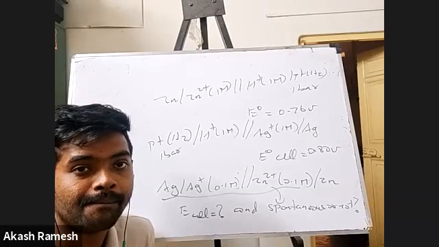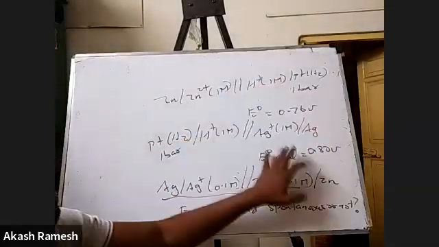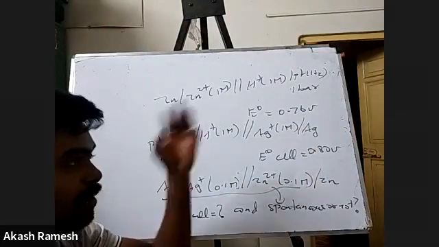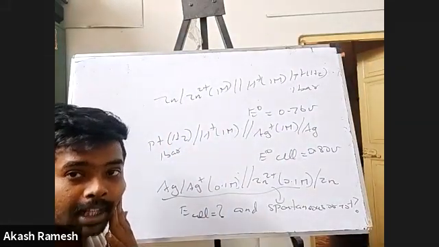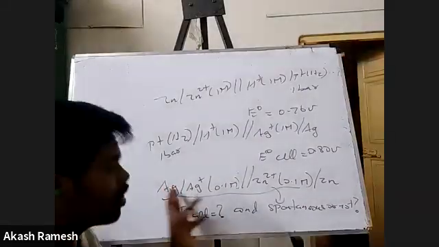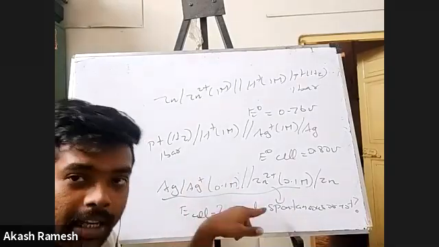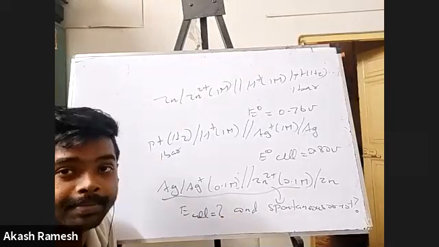E cathode minus E anode. Absolutely. So from these two, first find the reduction potential for zinc and for Ag, then use it to find the E naught. From that E naught, go for the E cell.